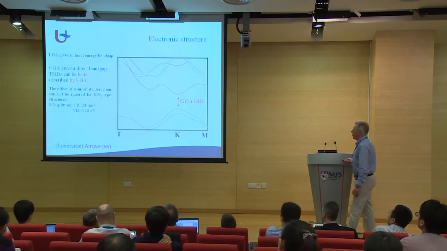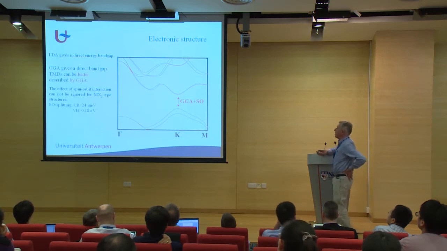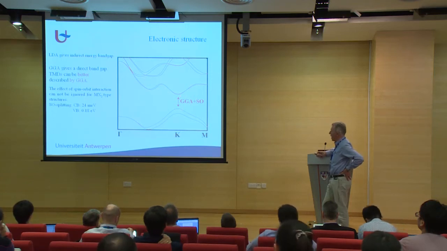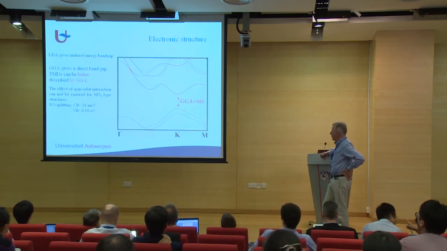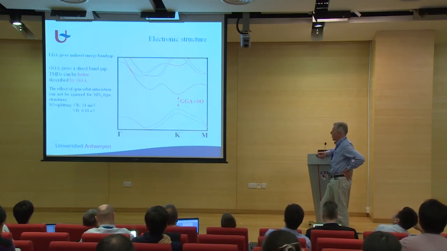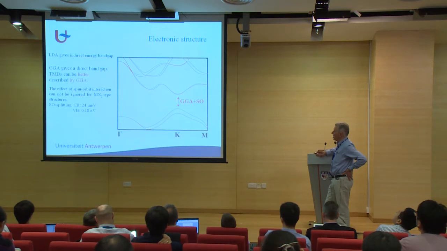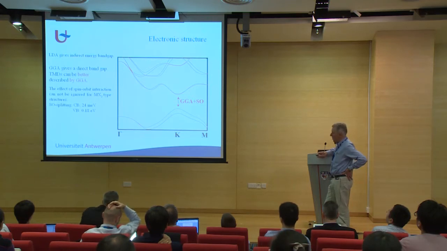And then when you include spin-orbit interaction, you see this typical splitting of your conduction and your valence band, and also the band gap changes. The spin-orbit splitting in the conduction band is typically 24 meV, and in the valence band, of course, it's always much larger, an order of magnitude larger.